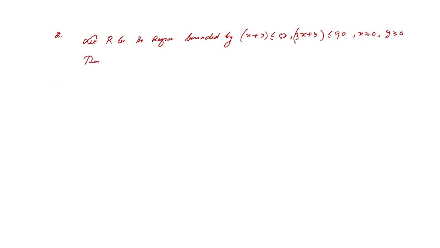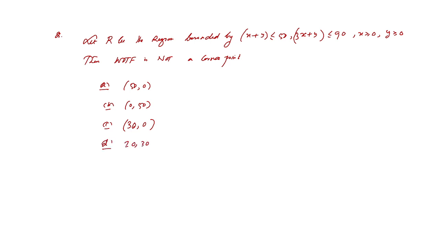Then which of the following is not a corner point? Option A 50, 0, option B 0, 50, option C 30, 0, and option D 20, 30.